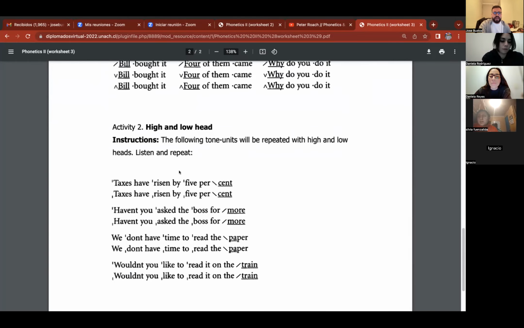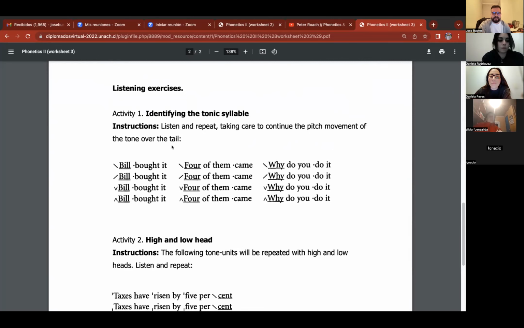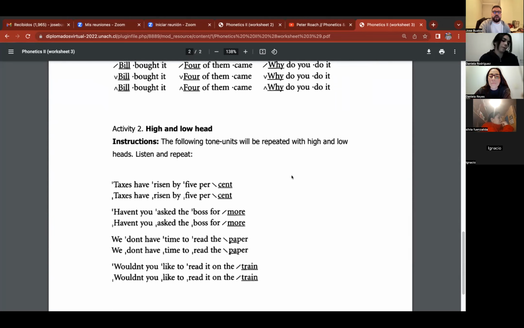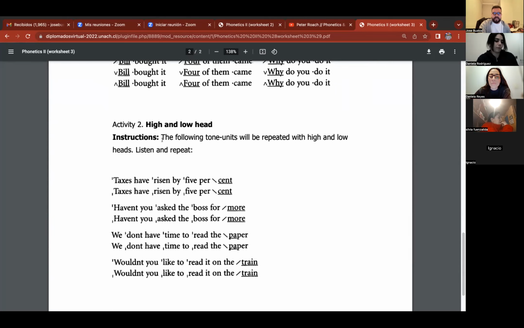And then we have two listening exercises. First of all, you have to listen and repeat, taking care to continue the pitch movement of the tone over the tail. And finally, high and low head. It says, the following tone units will be repeated with high and low heads.